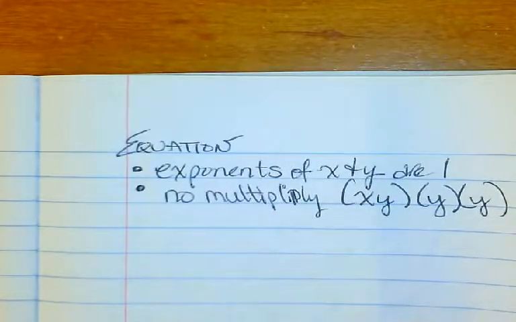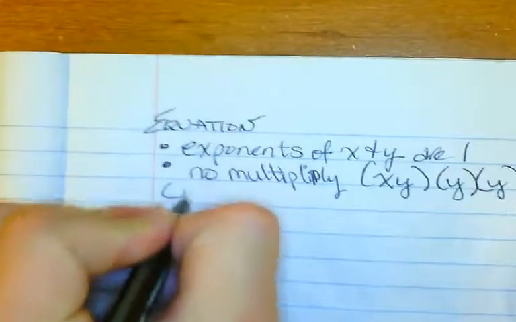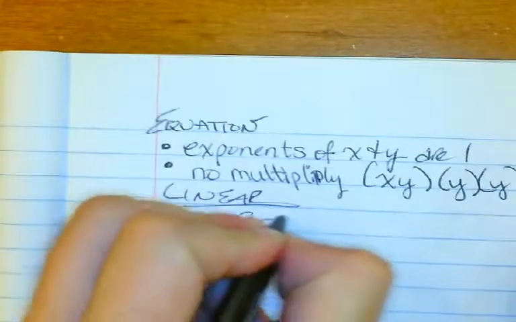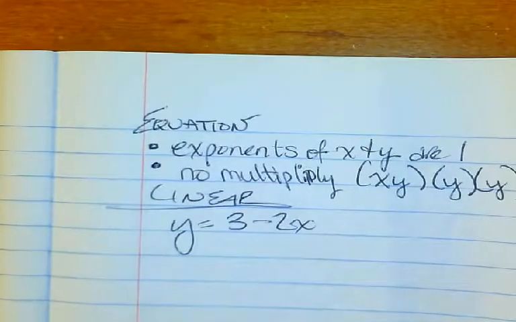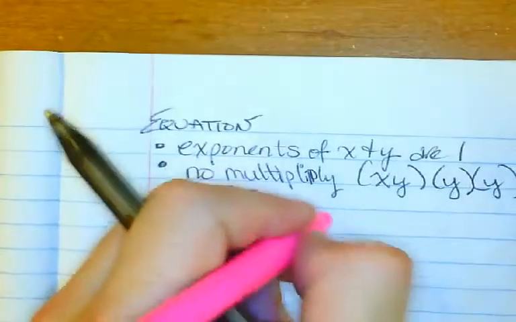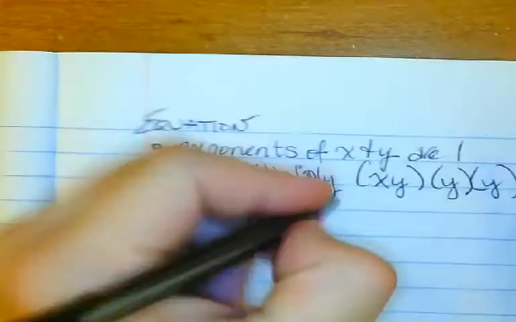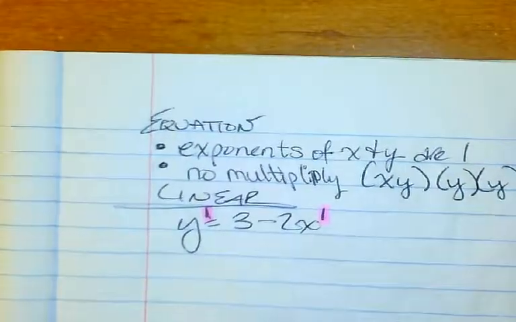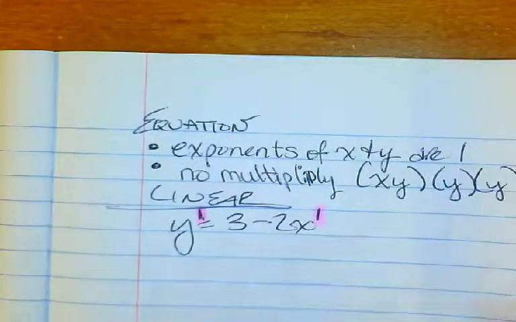All right, so a good example of a linear is y equals 3 minus 2x. Right here is what we're looking at. This exponent and this exponent are both 1s. All right, here's a non-linear.